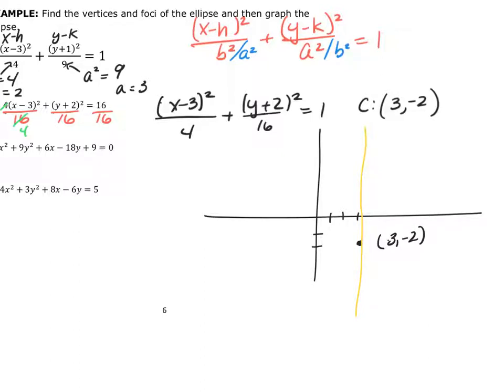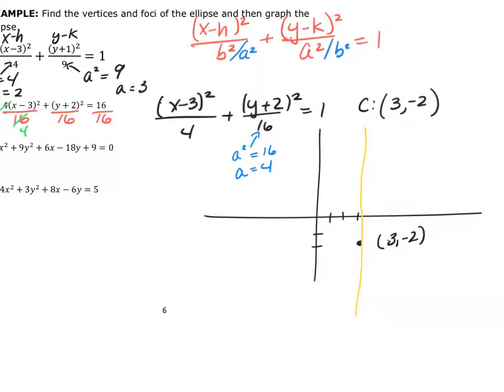Okay. So then I take a look at this portion. That is a squared. A squared is the larger number, and in this case it's underneath the y part. So if that is a squared, what must a be? 4. So a is 4. That means from the center, along that yellow line, I'm going to run 4 in each direction.